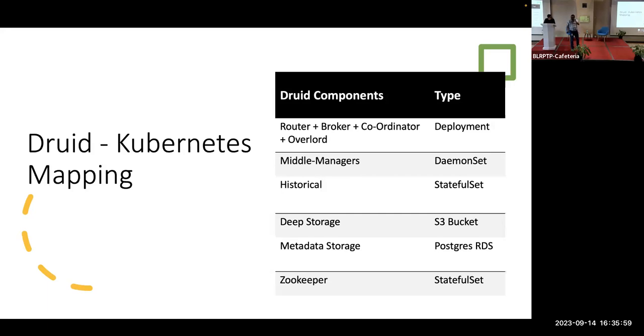We have deployed Zookeeper again as a stateful set. It stores the configuration, it stores the metadata information, and it enables the entire Druid communication. So we have to make sure that Zookeeper is in a stateful set only.